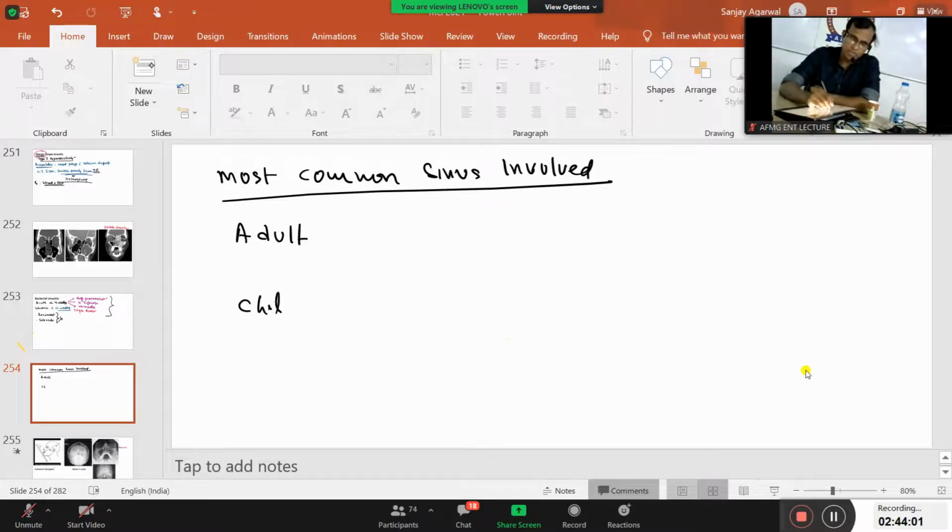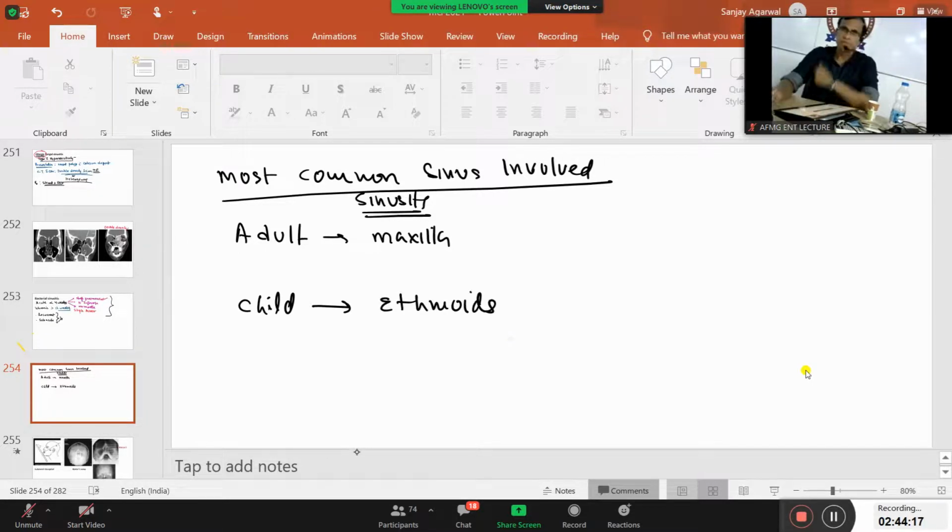Very interestingly, sinusitis in adults is mostly seen in the maxillary sinus, and sinusitis in children is mainly seen in the ethmoids. Adult, maxilla; ethmoids, children.